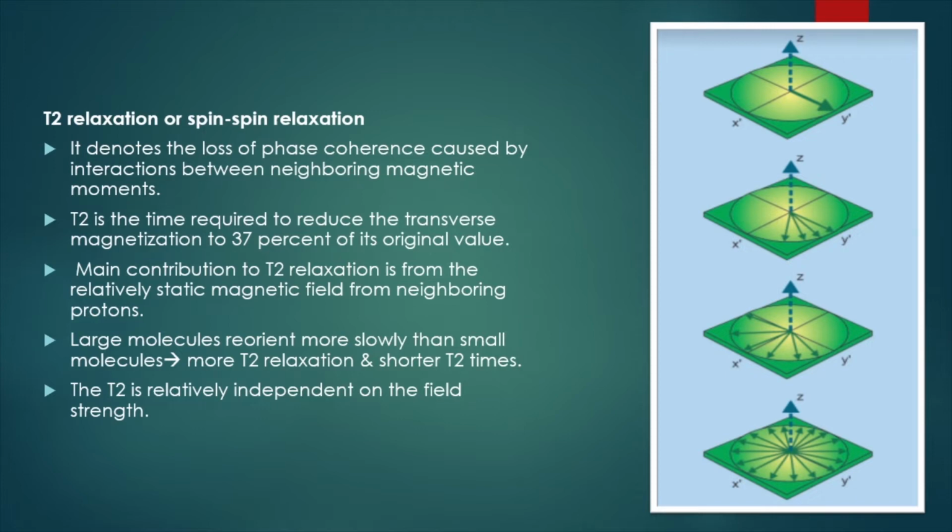The T2 is the time required to reduce the transverse magnetization to 37% of its original value. The main contribution to T2 relaxation is from the relatively static magnetic field from the neighboring protons. Large molecules reorient more slowly than the smaller molecules, so there will be more T2 relaxation and shorter T2 times.